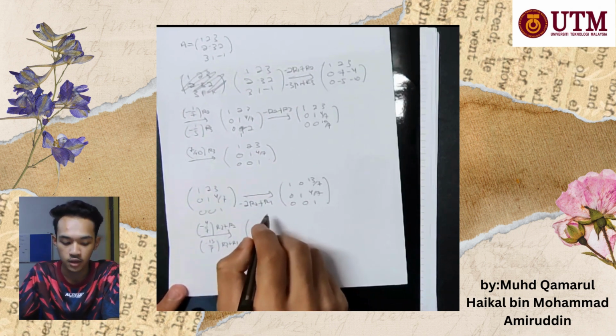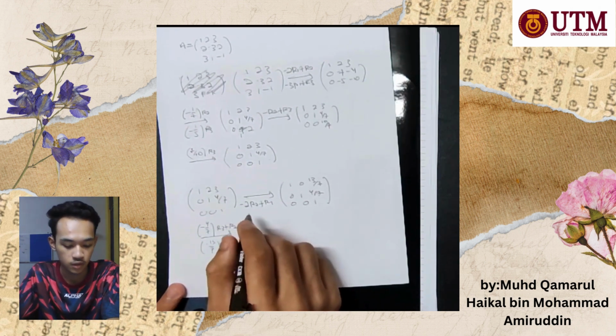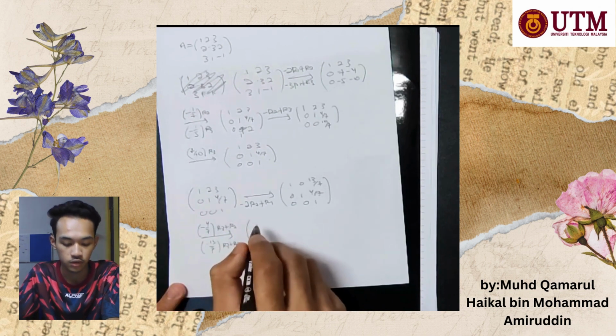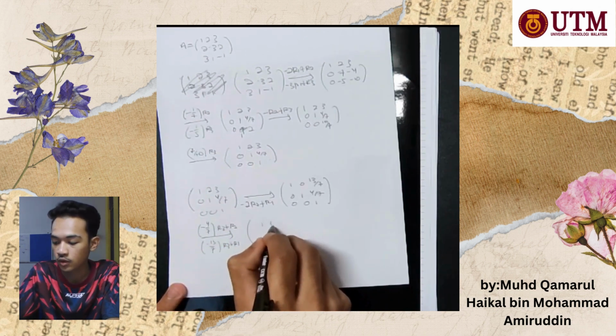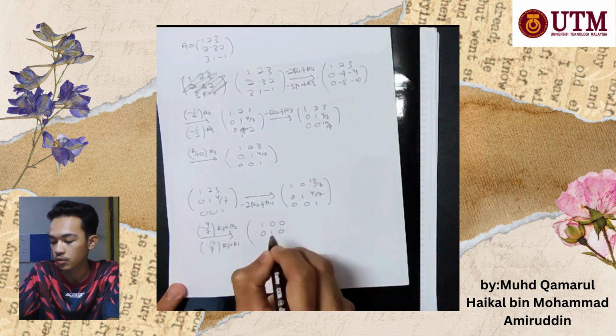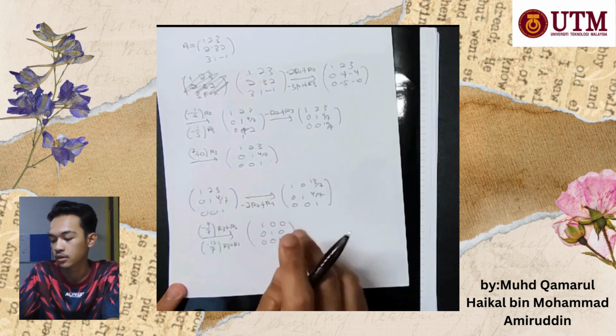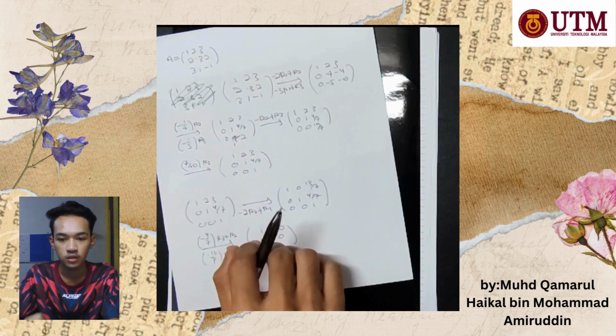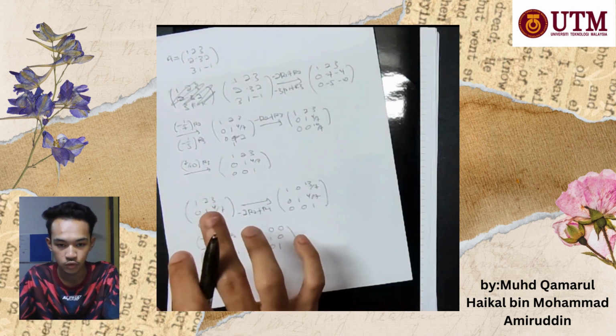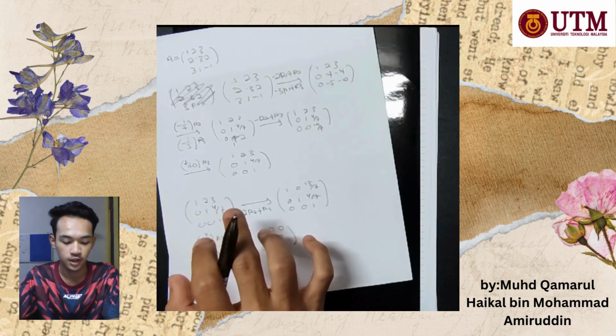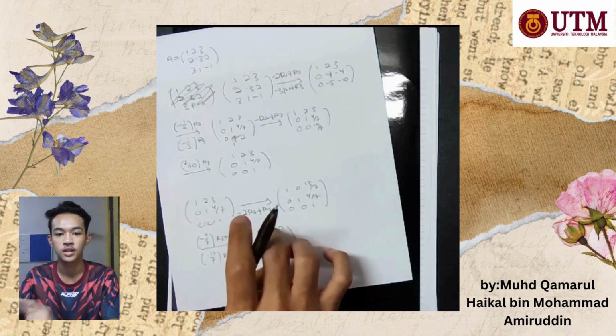So we get the answer for question 2: 1, 0, 0, 0, 1, 0, 0, 0, 1. So that's all for the question, and we go to the next example.